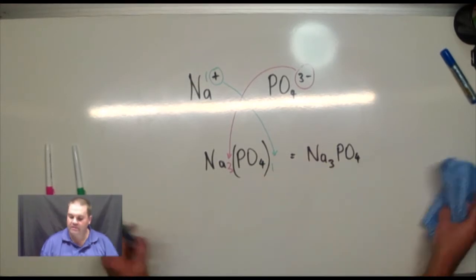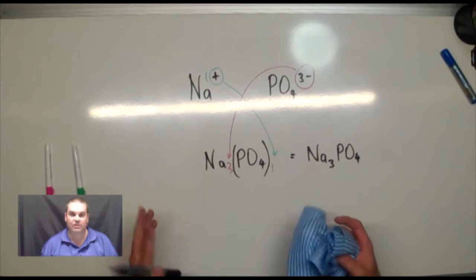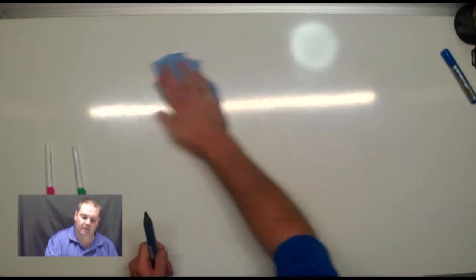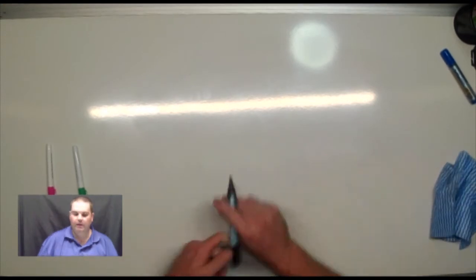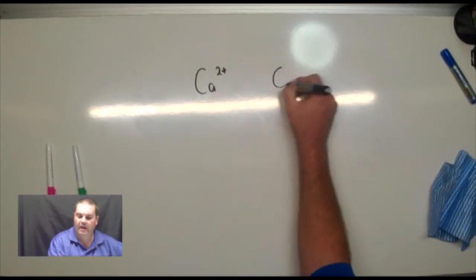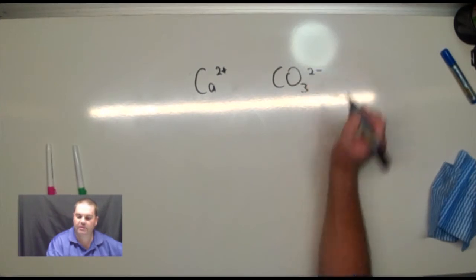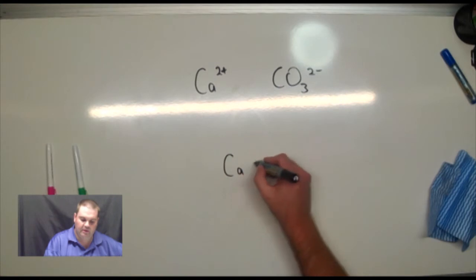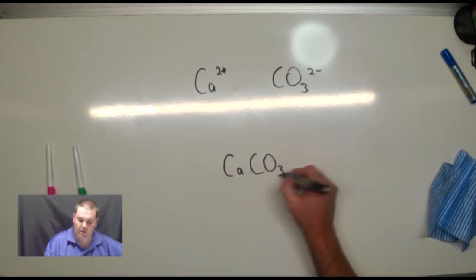I'll show you one final example where the charges actually match up, and that makes writing the formula really, really simple. If you take a calcium ion, Ca2+, and a carbonate, CO3 2-, you can write them next to each other like that.